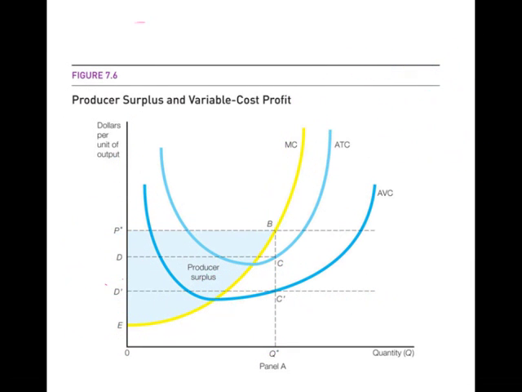Again, recall total profit is equal to producer surplus minus total fixed cost. As you cannot change total fixed cost, maximizing total profit is the same as maximizing producer surplus. That's why many economists and business people are interested in maximizing producer surplus, and it also indicates the benefit or welfare of producers enjoyed by market participation.